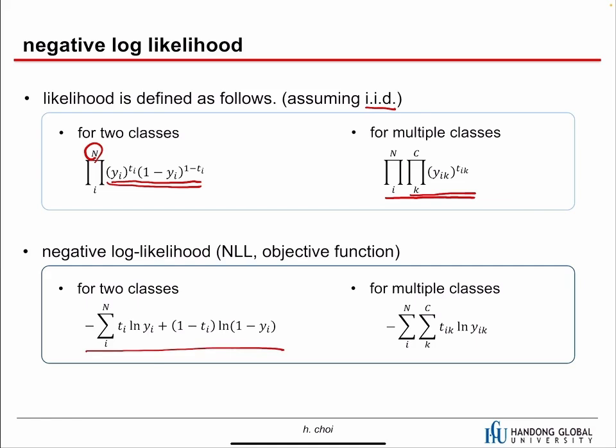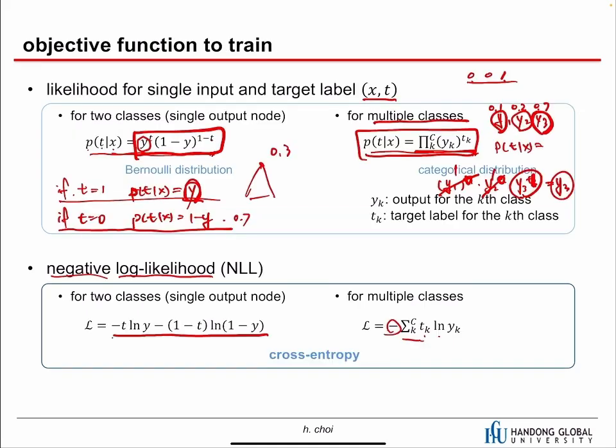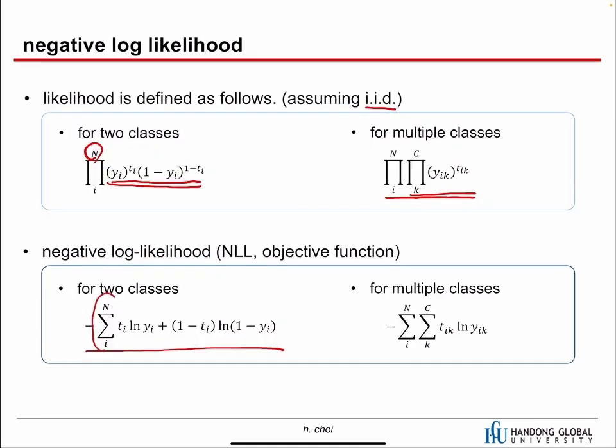Compared to the previous slide, we have this summation. And for multiple classes, we have summation here too. Okay, so now we have one objective function to minimize for neural networks. Again, this one is a label which is given, and this one is the output of the neural network. So this one is actually a function. yi is the output of the neural network given xi.